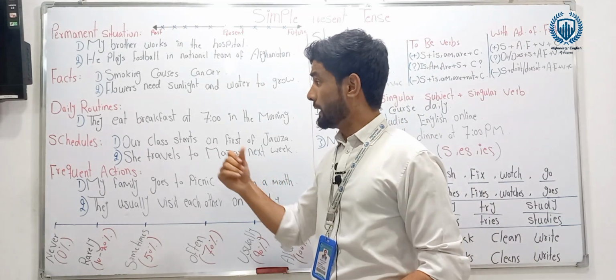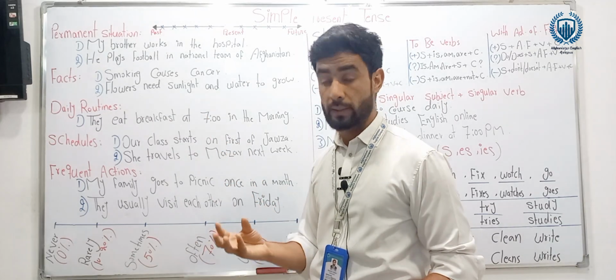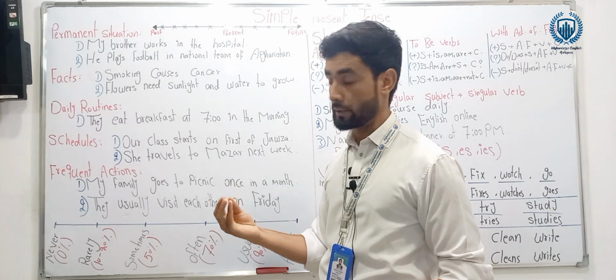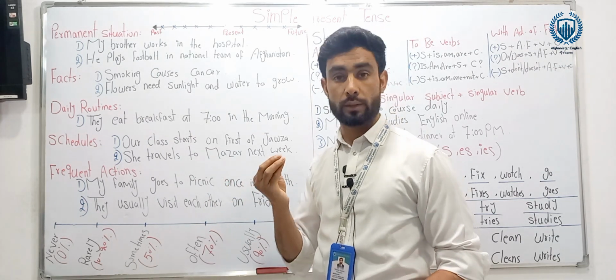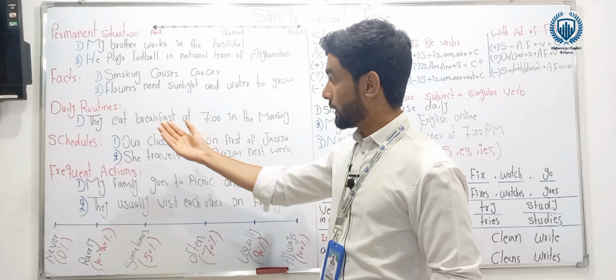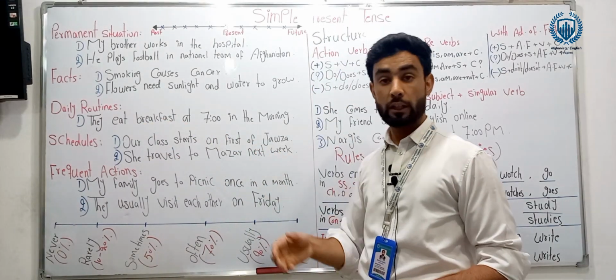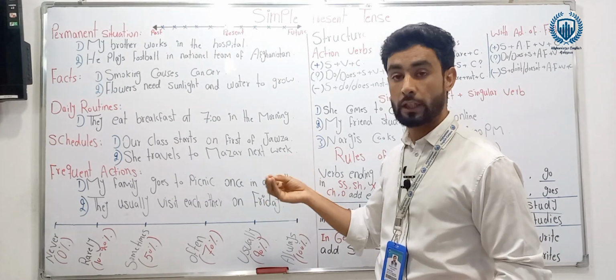So the next is about daily routines. Daily routines are all the time expressed by simple present tense. فعالیت‌های روزمره همیشه با زمان حال ساده بیان میشه. The first example, they eat breakfast at 7 in the morning. It's a daily routine.